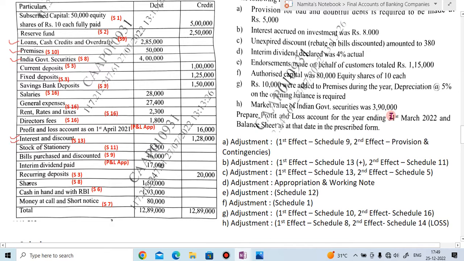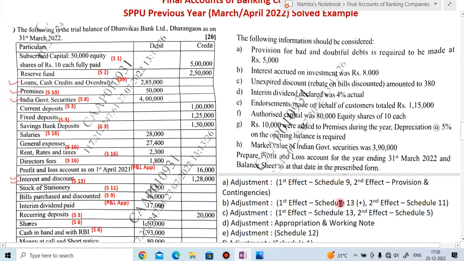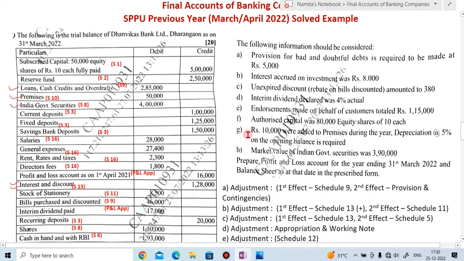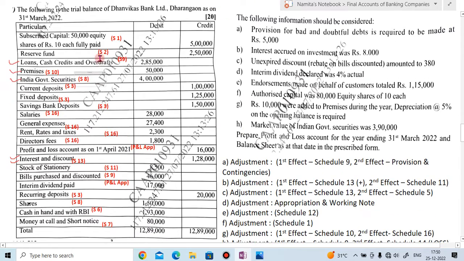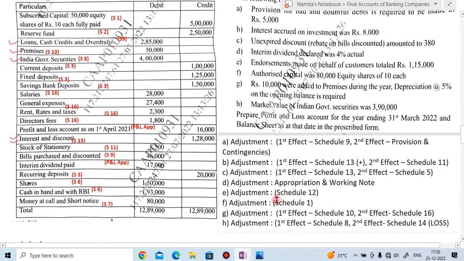That means there is a loss of 10,000. Okay, so the first effect will be in schedule number 8, investment, and the second effect, the loss on revaluation of the securities, will be in schedule number 14. Okay, so like this we have to mark the entries as well as the adjustments.